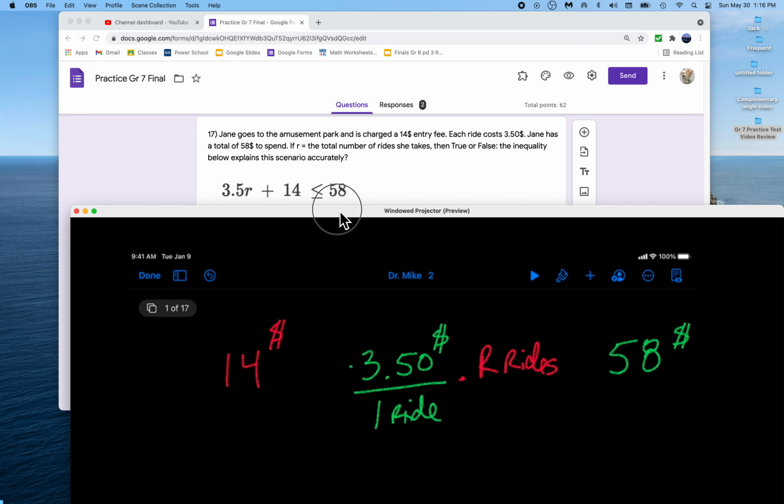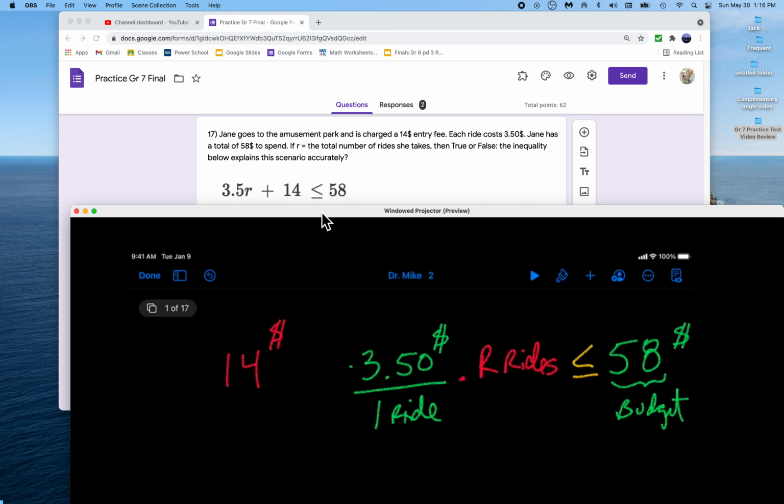Okay, so here we go. She has a total of $58. That's her budget. Okay, we call that the budget. She can't go above this. So that means the total cost of her day has to be less than or equal to that. It can be equal to 58, but it can't be over. So it's going to be less than or equal.